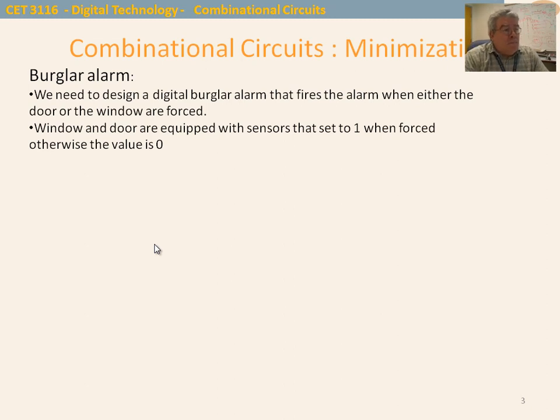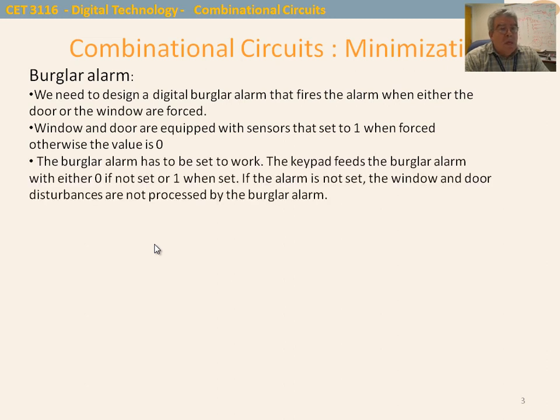The burglar alarm needs to be set to work, so somehow I activate the alarm. I need to have the possibility of setting and unsetting the alarm. Supposedly we have a keypad in which we set the alarm through a key or just a switch.